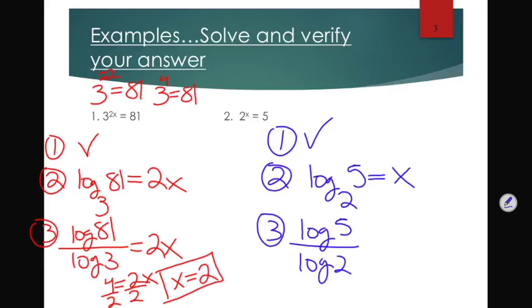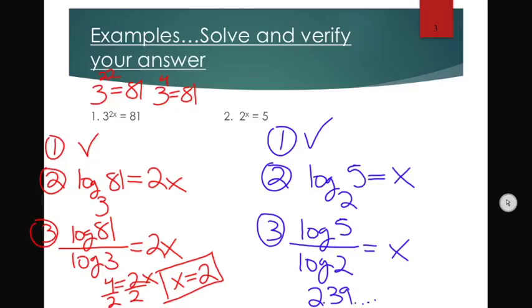to solve by either doing log of 5 divided by log of 2 or changing that base in my graphing calculator. So if I do log of 5 divided by log of 2, that's going to be 2.32, and that goes on forever.